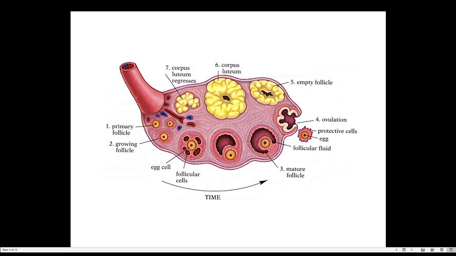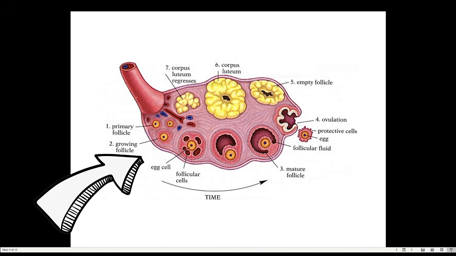Well, to summarize, I have here a picture of an ovary where you can see the illustration of a follicle and a corpus luteum. On the bottom part, you have the follicles with the egg cells in them.